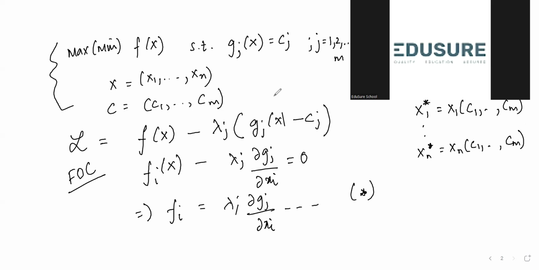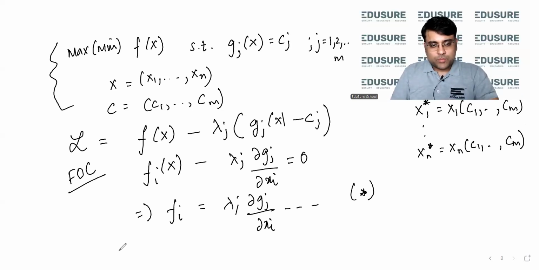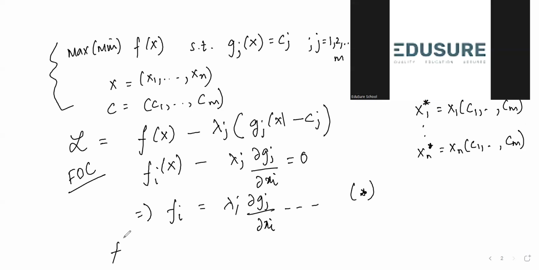Basically the optimal value of f, that is if I call it f star, is f of x1 star, which is a function of c1 to cm, which I call c, up to xn star, which is a function of c again. So all in all, f star is also a function of c.